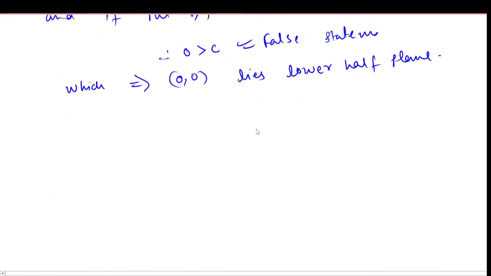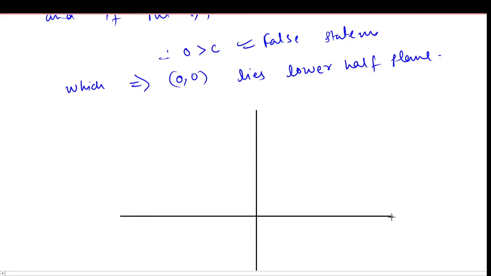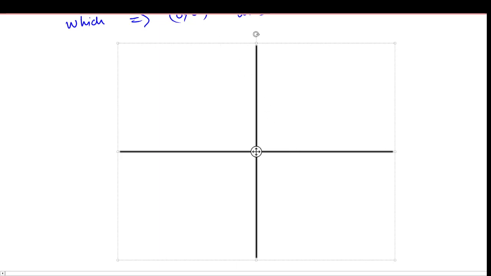So now we can say, this is how we find which is the lower plane and which is the upper plane.